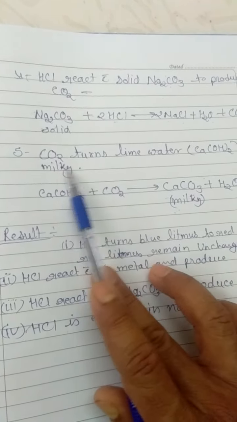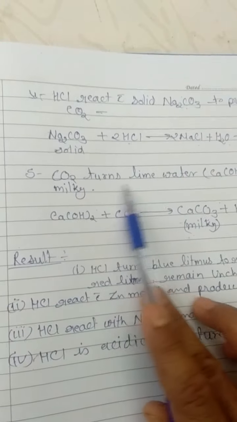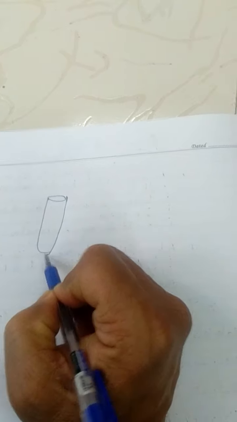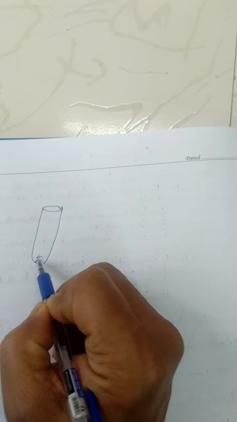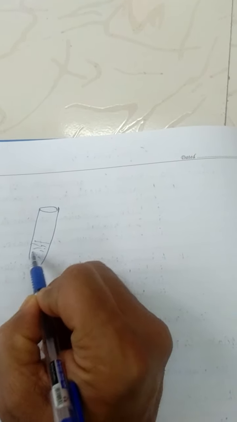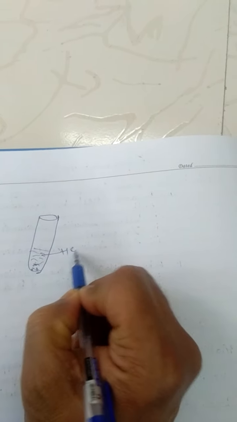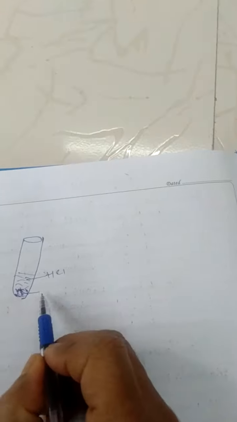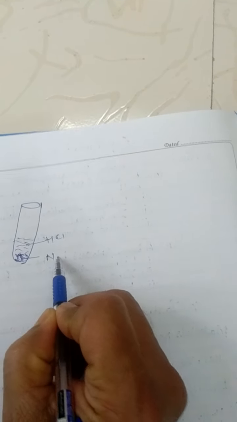We will expose this carbon dioxide gas to lime water, for which we take a reacting test tube in which we have taken hydrochloric acid, HCl, and some sodium carbonate salt.